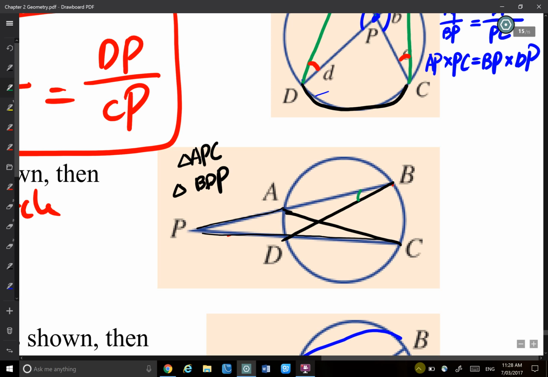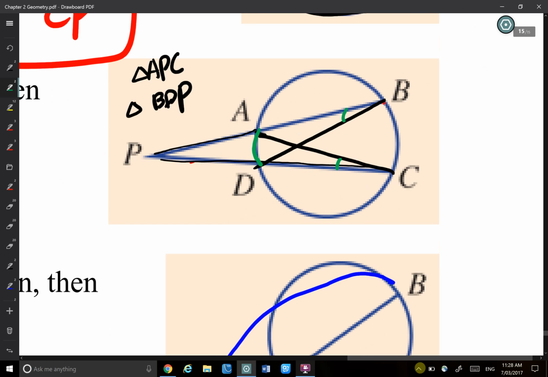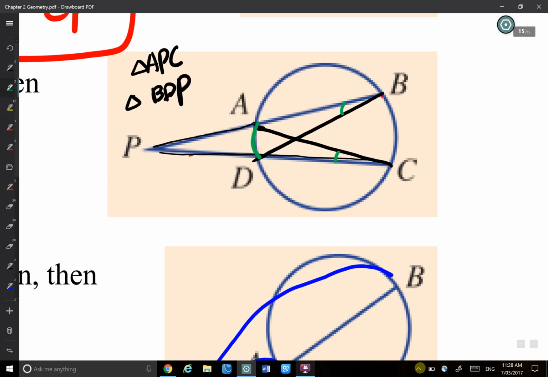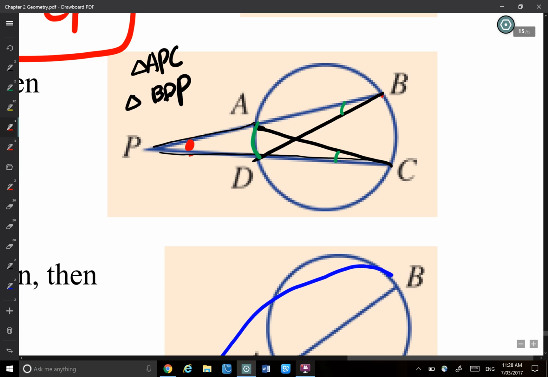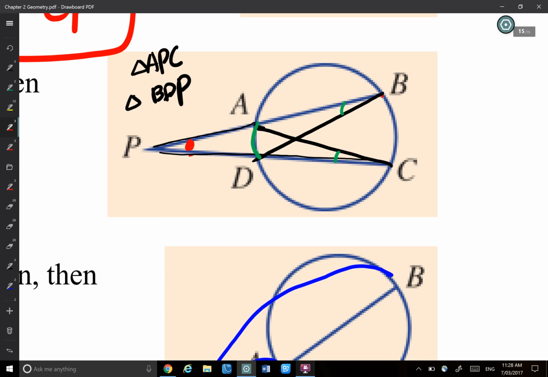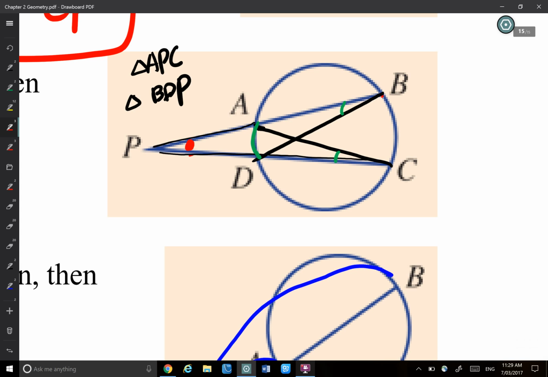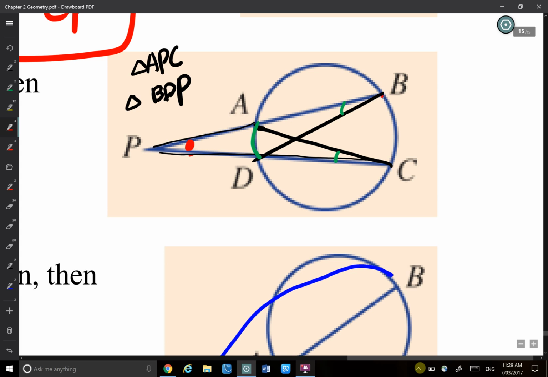Okay, we have this must be equal to this because they are all subtended by this arc. Those two angles must be the same. And also they share the same angle here. They all have the angle P here, so they share that angle. So therefore, you have two pairs of angles already equal to each other. Then the third pair must be the same. So where's the third pair? That's this one, and also this one.